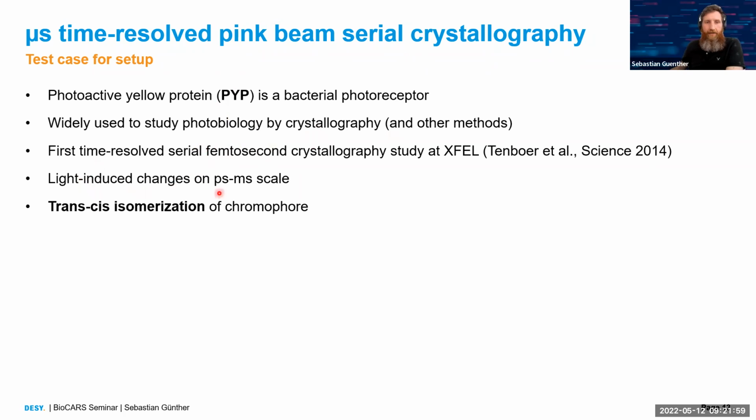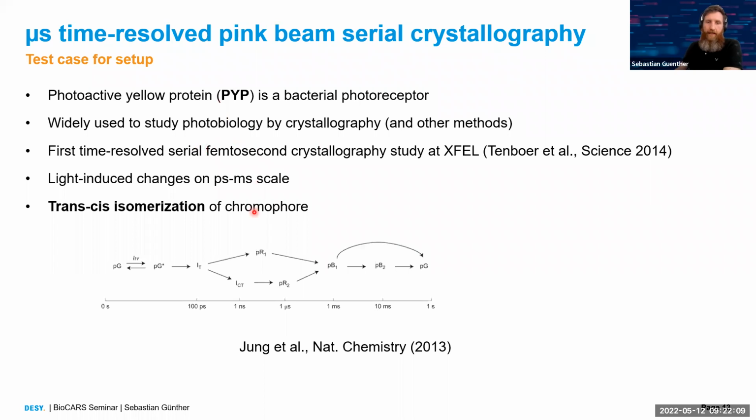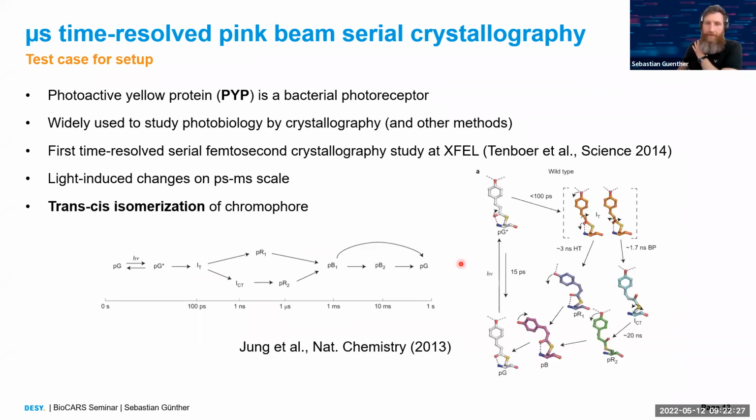And we can see light-induced changes from the picosecond to milliseconds scale. What we see is a trans isomerization within the chromophore. This is from an already almost 10 years old paper about the photocycle. At BioCARS, this could be studied from the 100 picosecond scale onwards. From this publication, it is suggested how the chromophore changes during the activation cycle.